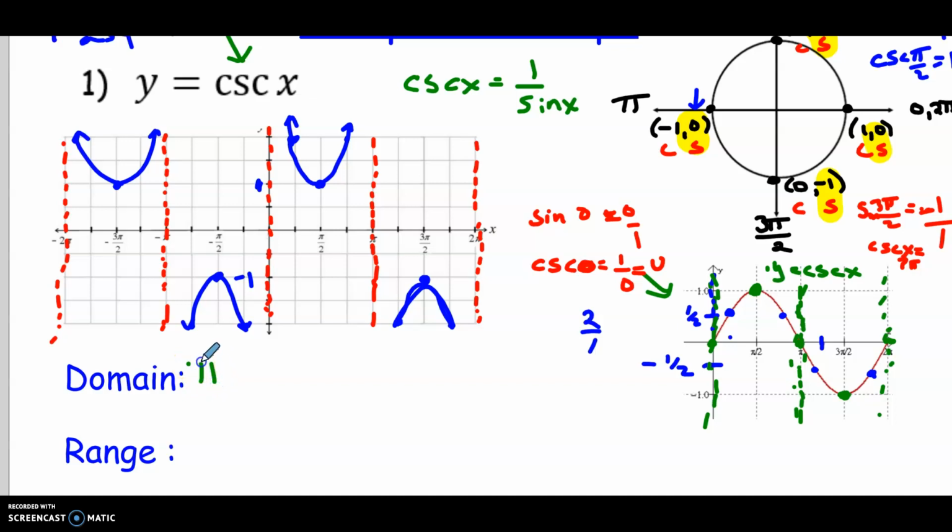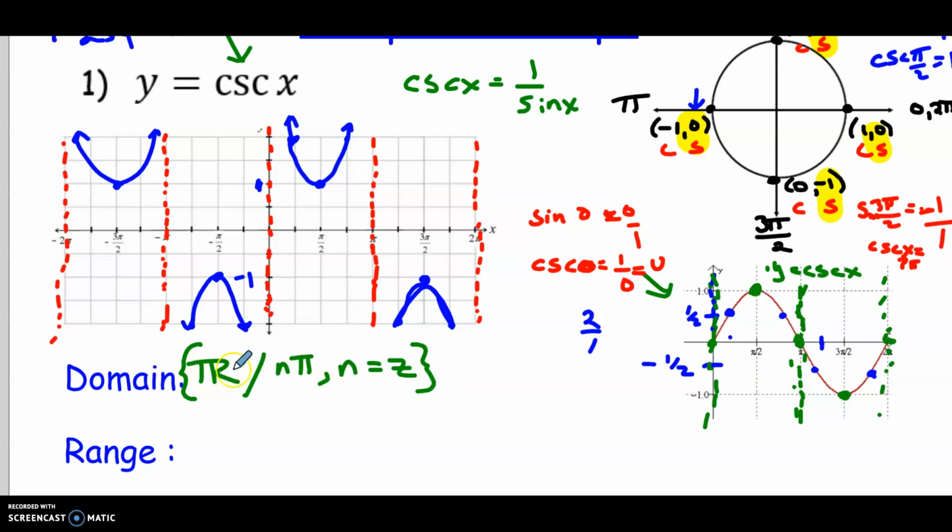We're going to say that the domain's all real numbers, except for, now it's any integer, 0, 1, 2, 3, 4. So any integer, which is positive or negative whole numbers. So I'm going to say all real numbers except for n pi, where n is equal to an integer. That is the domain of the cosecant curve, okay?